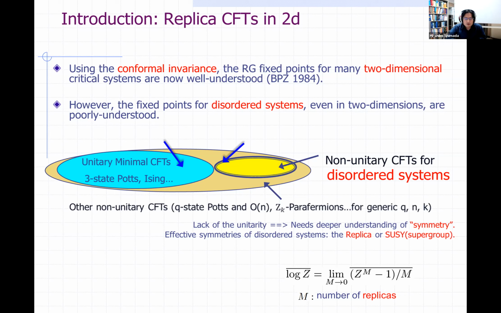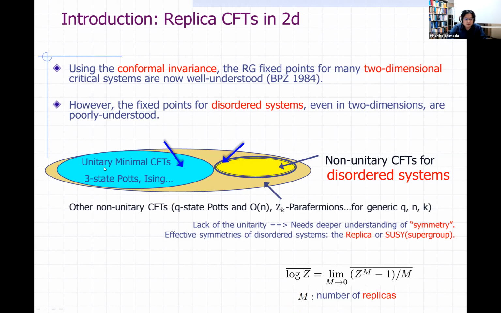As we all know, after BPZ, we have very good control of 2D CFTs in general. But even in 2D, the CFTs for these sorts of systems are very difficult in many ways. Here I draw a diagram.